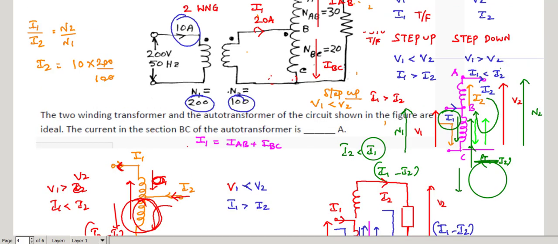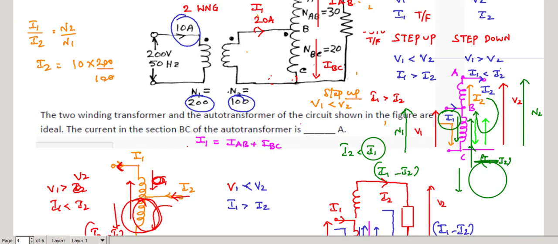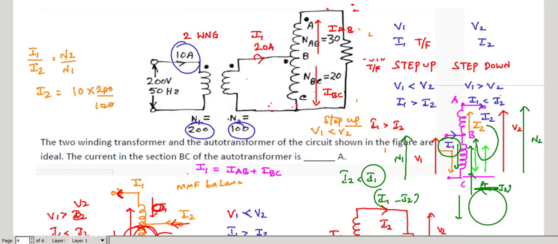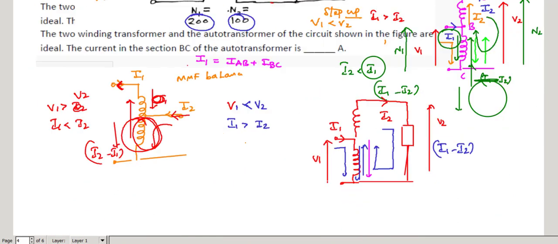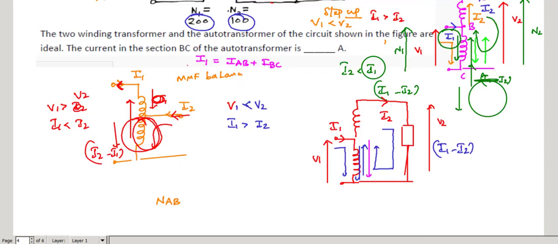Okay, so I want the IBC current. So we know that MMF balance in an auto transformer: what is MMF balance?